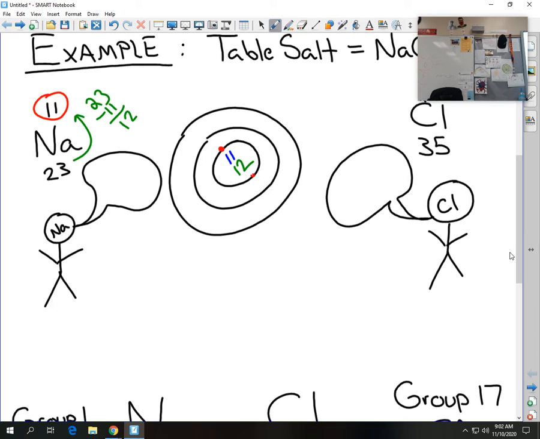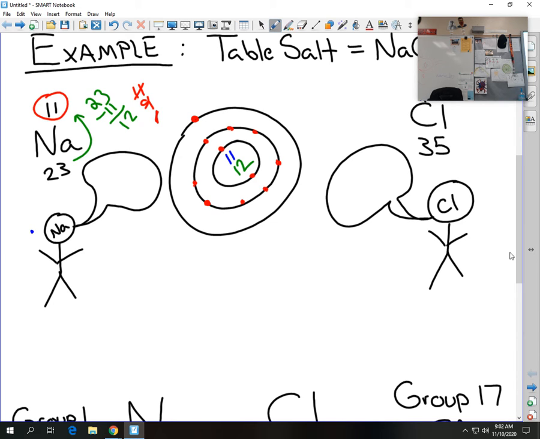I can put 2 in the first shell. All right, so out of my 11, I put in 2. I need 9 more. I can put 8 in the second shell. Now I'm down to 1, and that 1 goes here in the outer shell. So right now, if you look at sodium, and here's my little sodium man over here, all right?